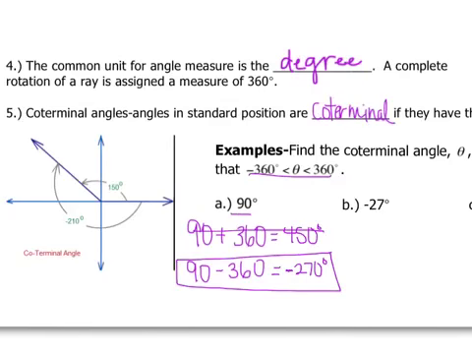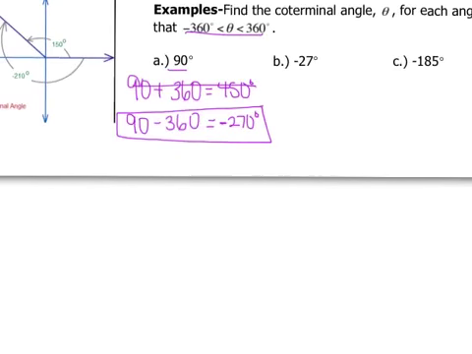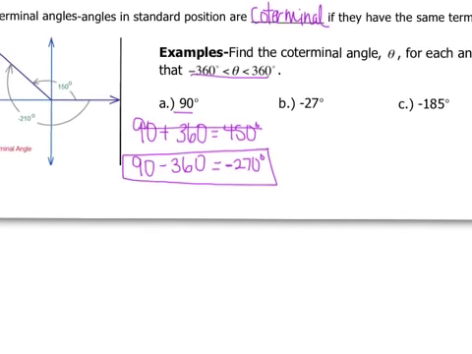If you want a visual of this, here's our x and y axis. Here's my initial side. An angle of rotation of positive 90 degrees would be right here, up to the y-axis.